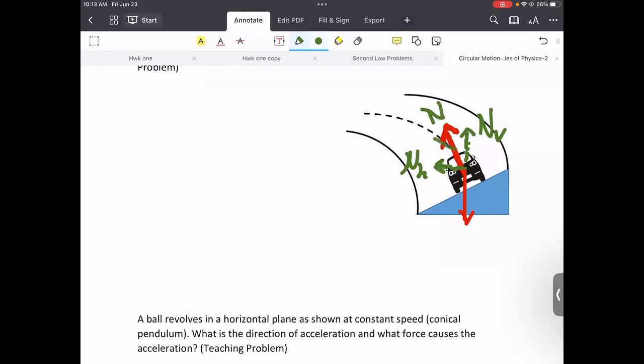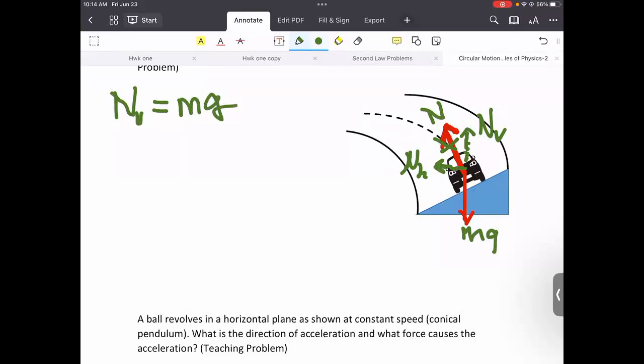Okay. So I have broken down the normal force into the vertical and horizontal components. That means I don't need this one. I can now tell that the normal force in the vertical direction balances the gravitational force mg. There's no motion up and down there.